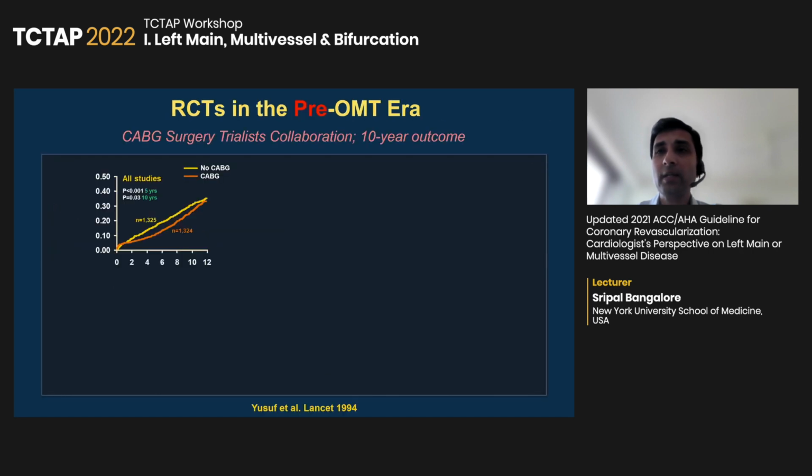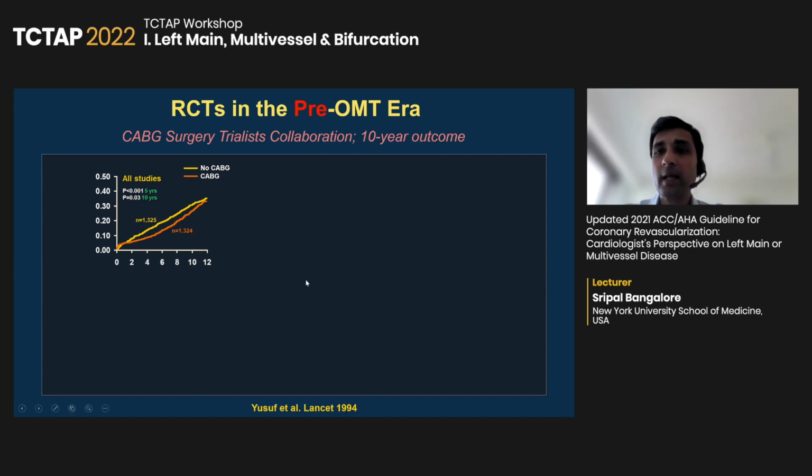So the potential reasons to revascularize are to potentially improve survival. Are there data to support that revascularization in stable coronary artery disease can improve survival? If you look at the trials, and this is very important because there is a lot of confusion on social media and everywhere else, there are trials back in the 80s which compared bypass surgery to no bypass surgery with hardly any medical therapy. And clearly there was significant benefit of bypass surgery at reducing mortality.